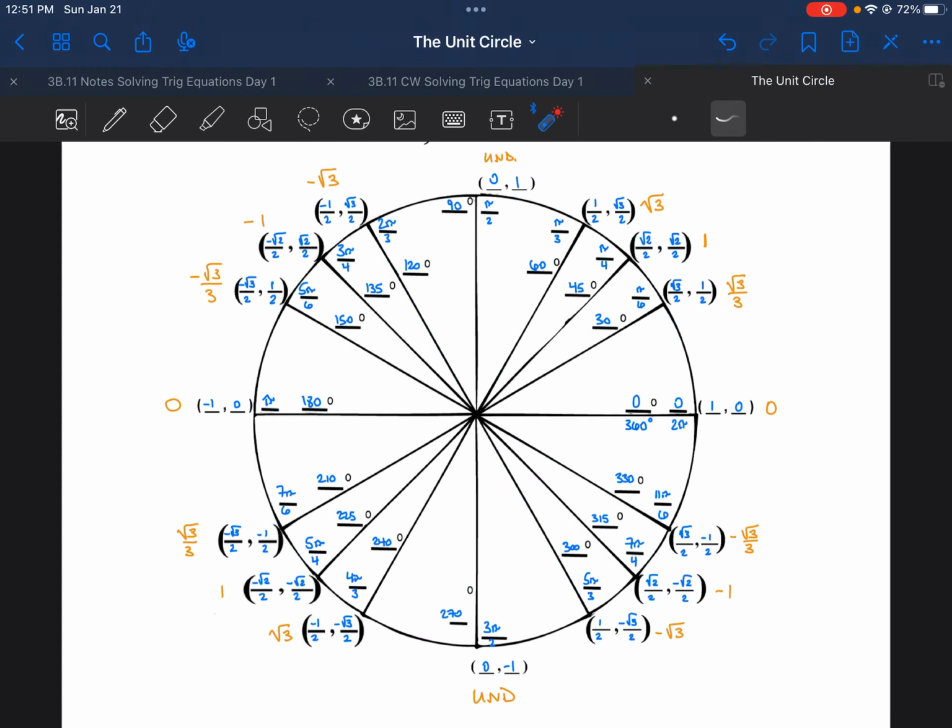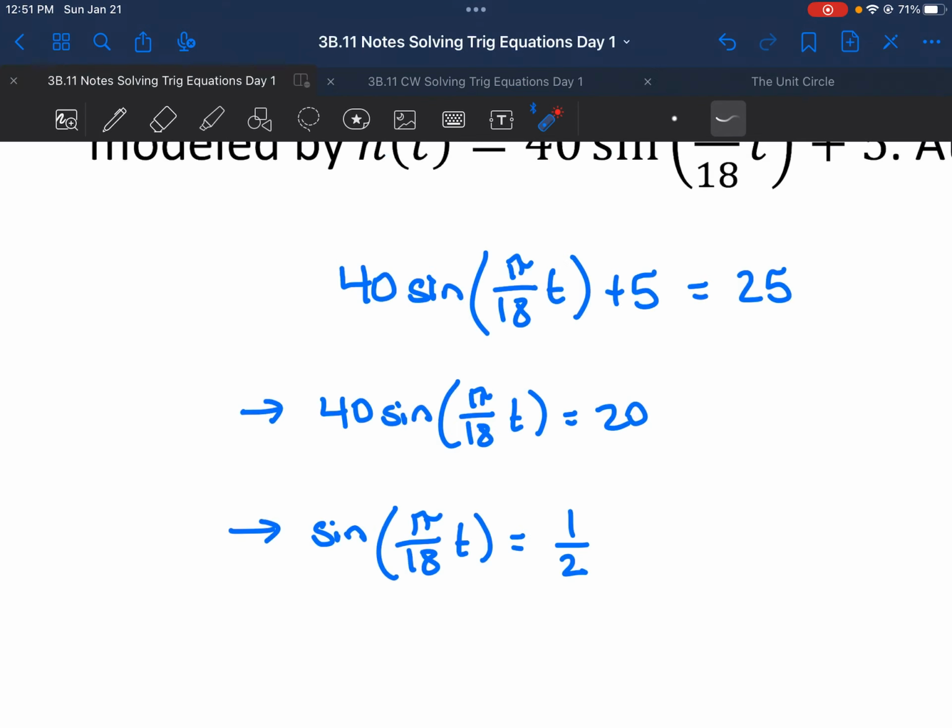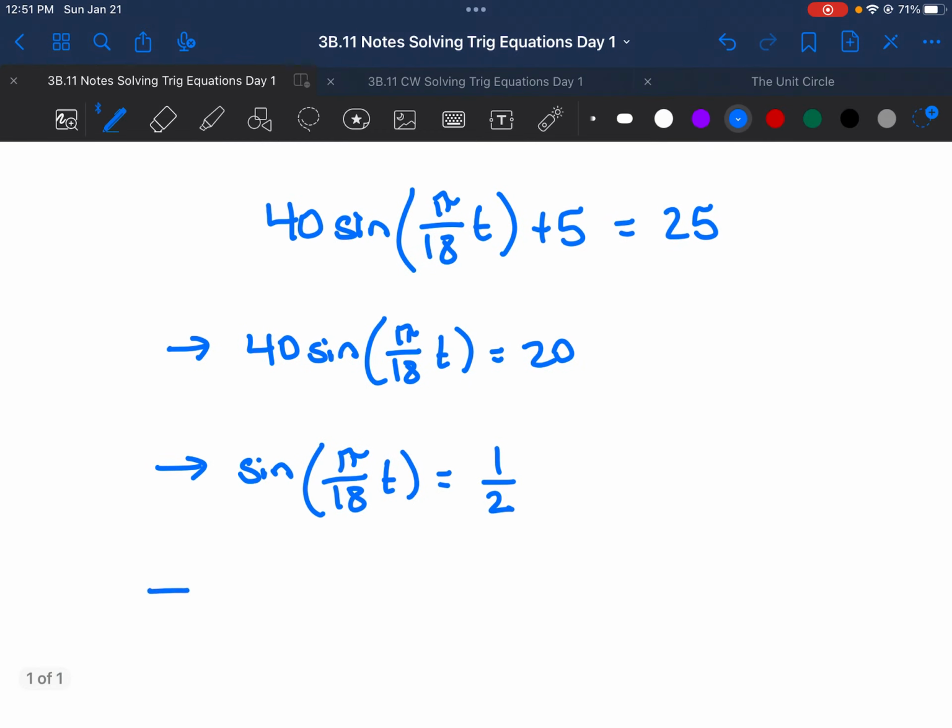So we jump over to the unit circle. We can see our sine values are positive 1/2 at pi over 6 and at 5 pi over 6. So pi over 18t equals pi over 6 and 5 pi over 6.